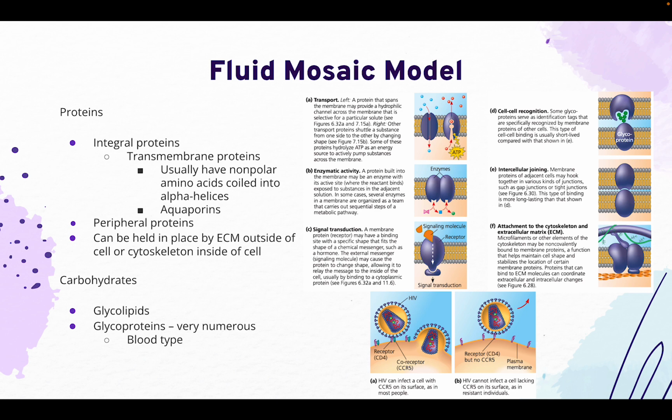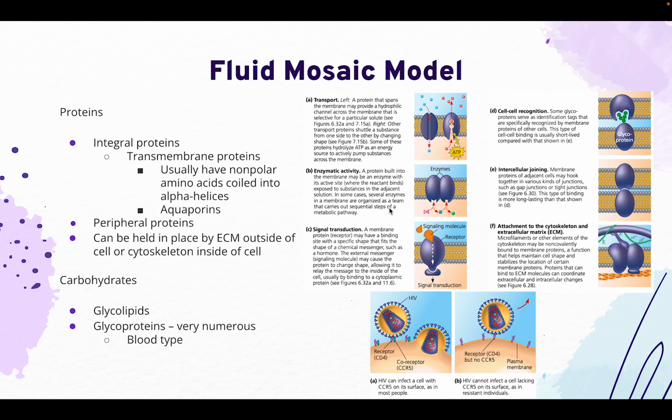So it shouldn't be attacking your own cells, it should be attacking foreign things, right? But the issue is when you get a blood transfusion, if the blood cells there have the wrong glycoprotein on the surface and that's not compatible with yours, you can have a lot of issues because your body wants to reject it.